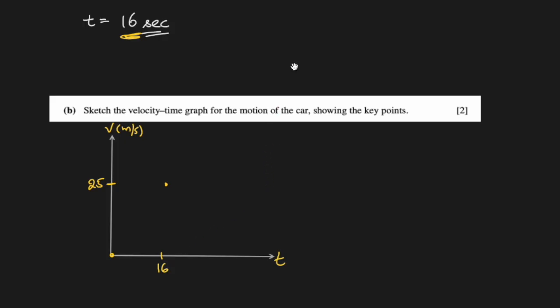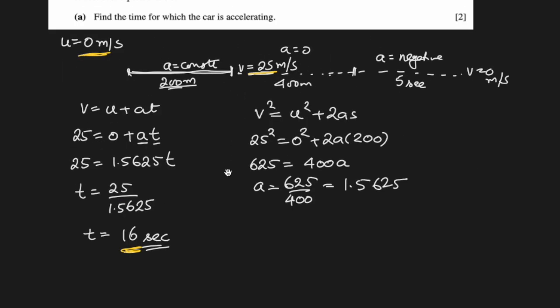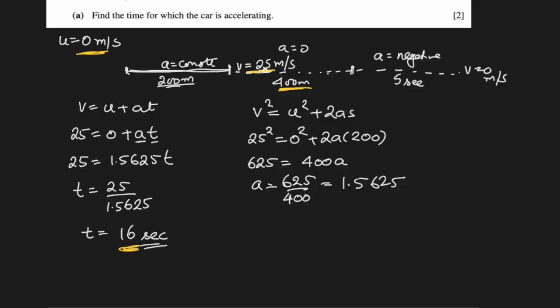And then next, for the next 400 meters, it maintained that speed. Since acceleration is 0, we can simply use time equal to distance over speed, because it's a straight line, constant speed. So 400 divided by 25, the speed maintained is 25, which is again 16 seconds.